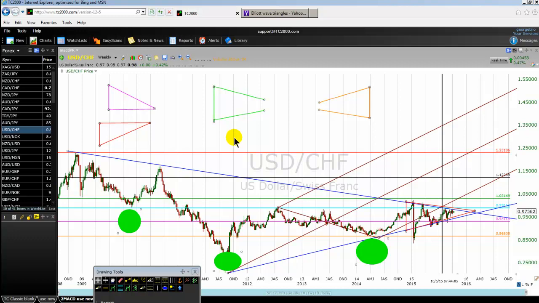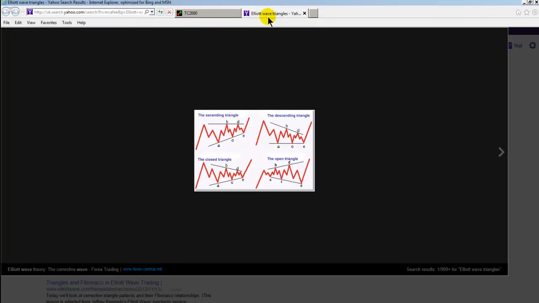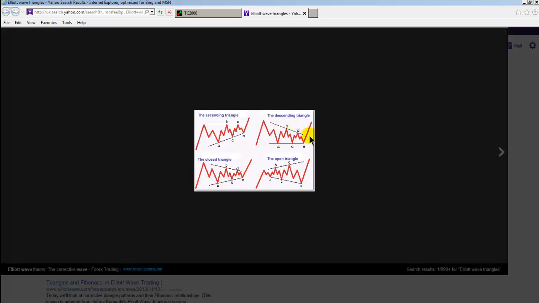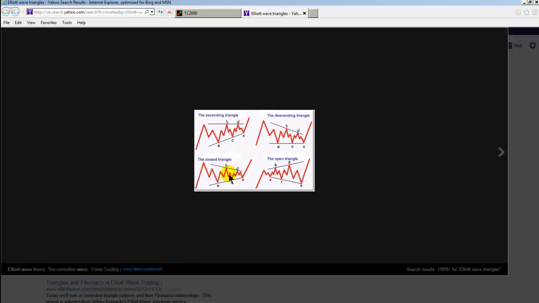So there are four types of triangle, as I showed you already. The ascending triangle, so higher lows, equal top. The descending triangle, equal low, lower tops. Then we have the contracting triangle, also called a closed triangle, but I want you to remember the word contracting triangle.